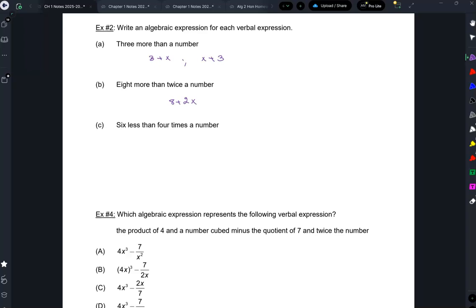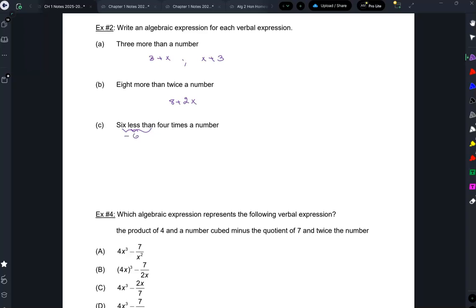Now, here we go. 6 less than. When we're dealing with subtraction and division, there are different ways to say things. It's very important that you interpret correctly. So when you have 6 less than, that's minus 6.